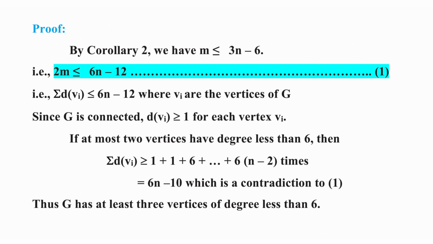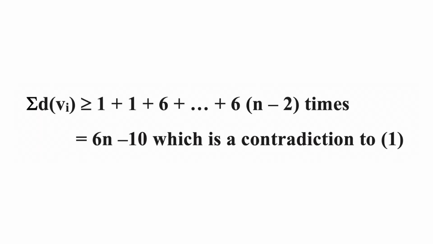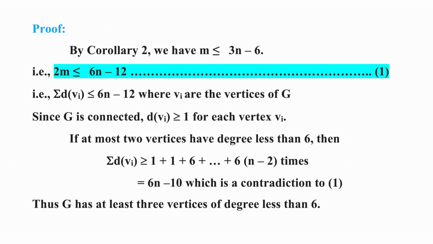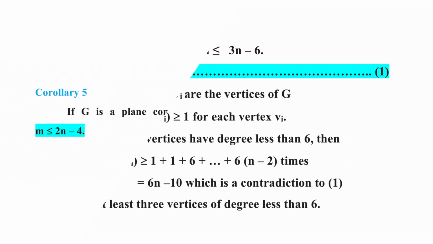If at most 2 vertices have degree less than 6, then the summation of degree of Vi is greater than or equal to 1 plus 1 plus 6 up to 6 into (n minus 2) times, which is equal to 6n minus 10, which is a contradiction to equation 1. Thus, G has at least 3 vertices of degree less than 6.